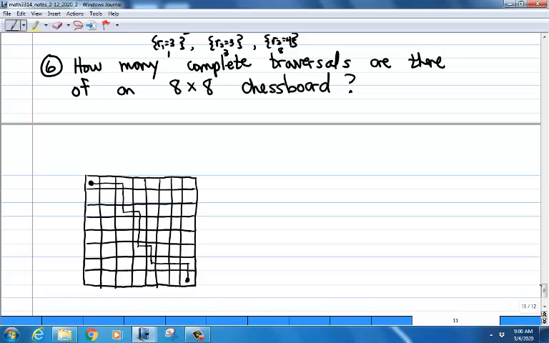So if you were trying to describe this complete traversal to someone, again without drawing the diagram, you could describe it by the arrangement, or the order, of the right moves and the down moves. So what would that be? Well, how did you start? What did you do first in this traversal?